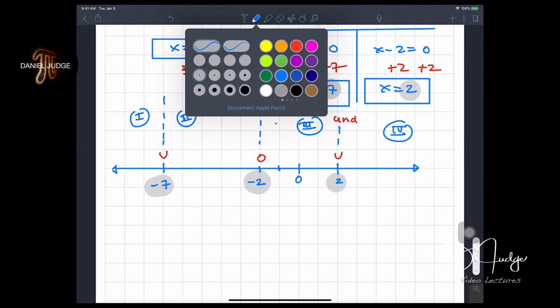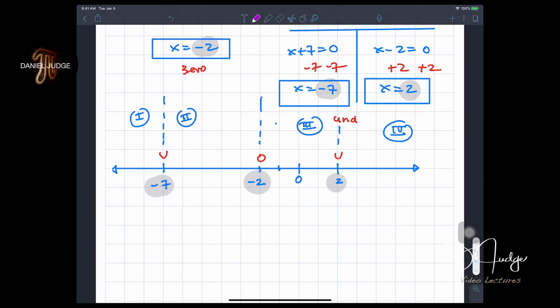So we need to get out some test points. Any number to the left, negative 9, I'm going to use negative 9 as a test point. Any number to the left of negative 7 is in region 1. Any number between negative 7 and negative 2, like negative 3, 4, maybe negative 5 here, that's in region 2.